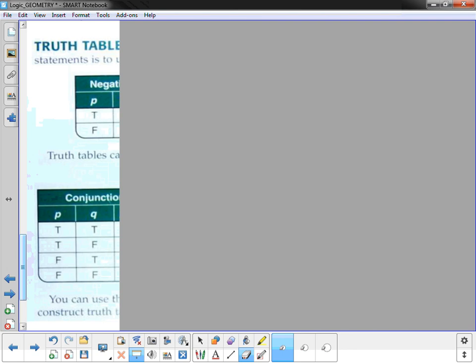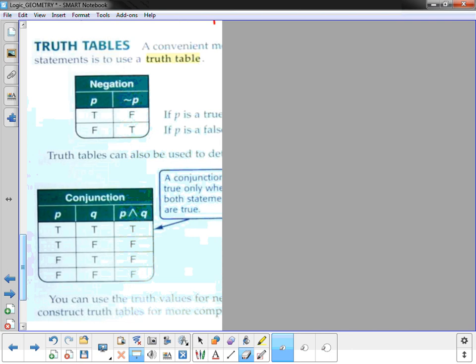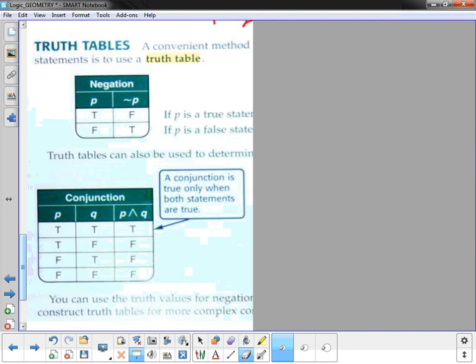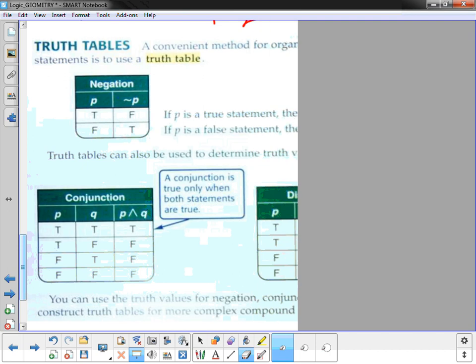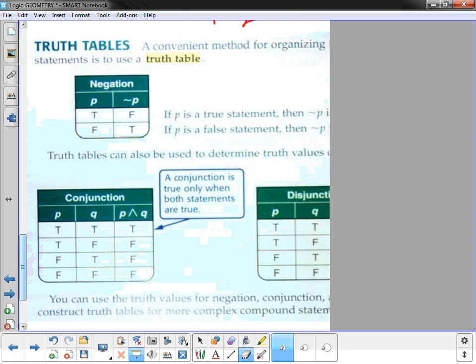The second one where Q is false has to be false. The third one where P is false has to be false. So the truth table for the conjunction is only true when both statements are true. That happens every single time. Now what if I looked at the disjunction? Okay, disjunction.